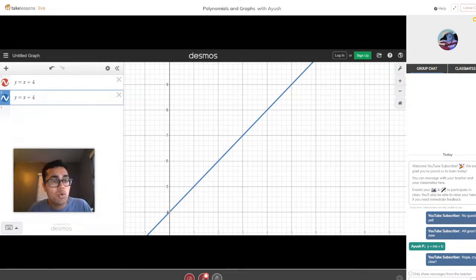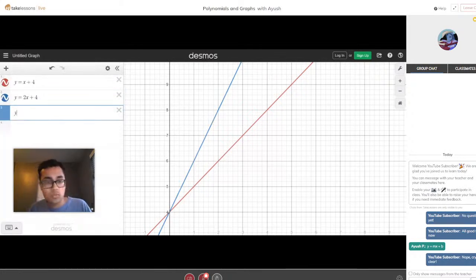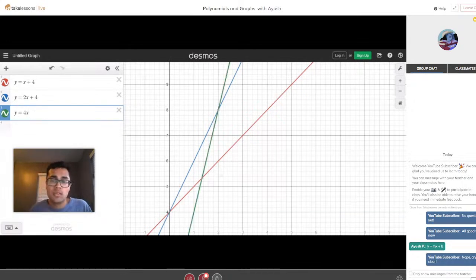Okay, so that's interesting. But what if we had more lines? What if we had more functions? So let's add another one. What if we had y equals 4x? Then the question could be asked: do these three lines have any point at which all three could be satisfied, any point where these three lines have the same y value?